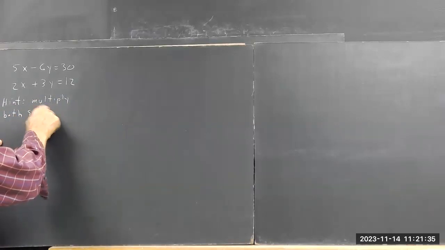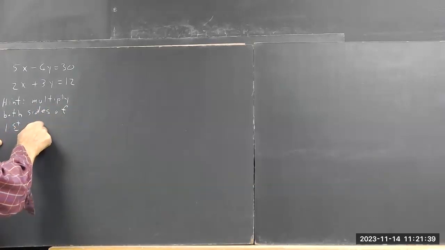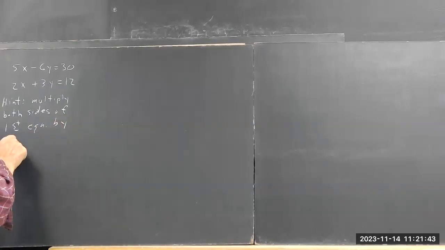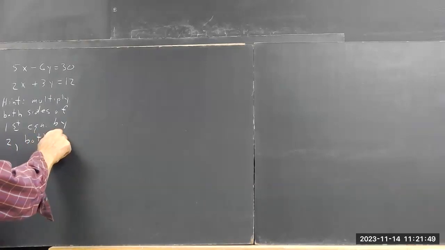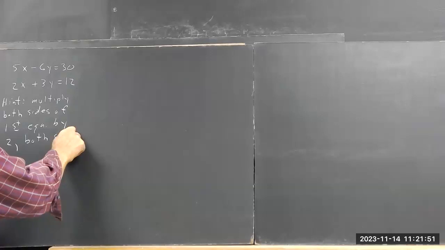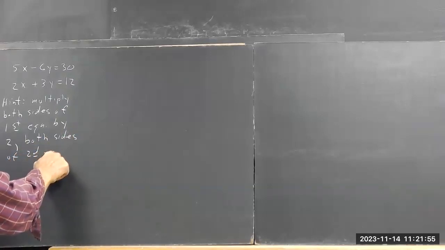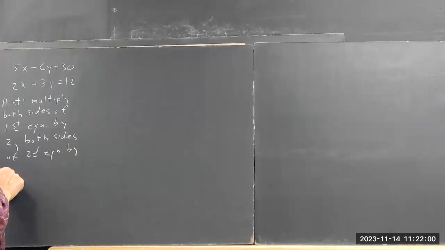Multiply both sides of the first equation by 2, both sides of the second equation by -5.